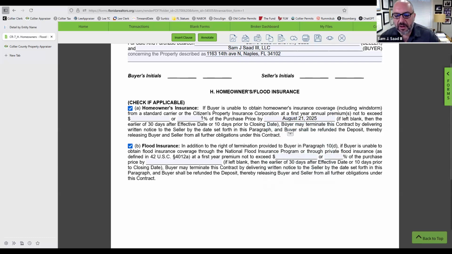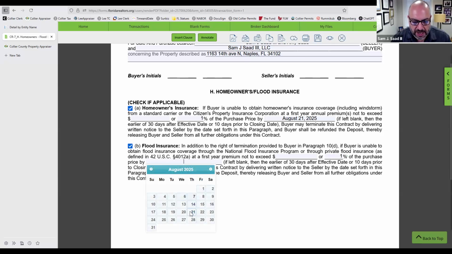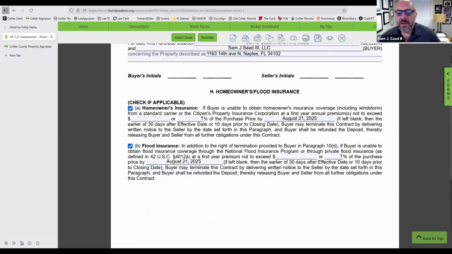The buyer can terminate if they can't get homeowner's insurance. Also, flood insurance, in addition to the right to terminate provided in paragraph 10D, that's our NFIP program insurance. If the buyer is unable to obtain flood insurance, and again, let's go 1% by 2 weeks, then the buyer again may terminate.